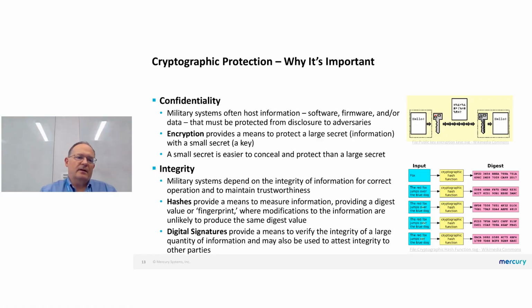What encryption provides for you is a means to protect a very large secret, whatever that information is, with a very small secret, a cryptographic key. And the punchline here is that if I have a very small secret, it's easier for a system implementation to conceal it and protect it than it is with a large secret.